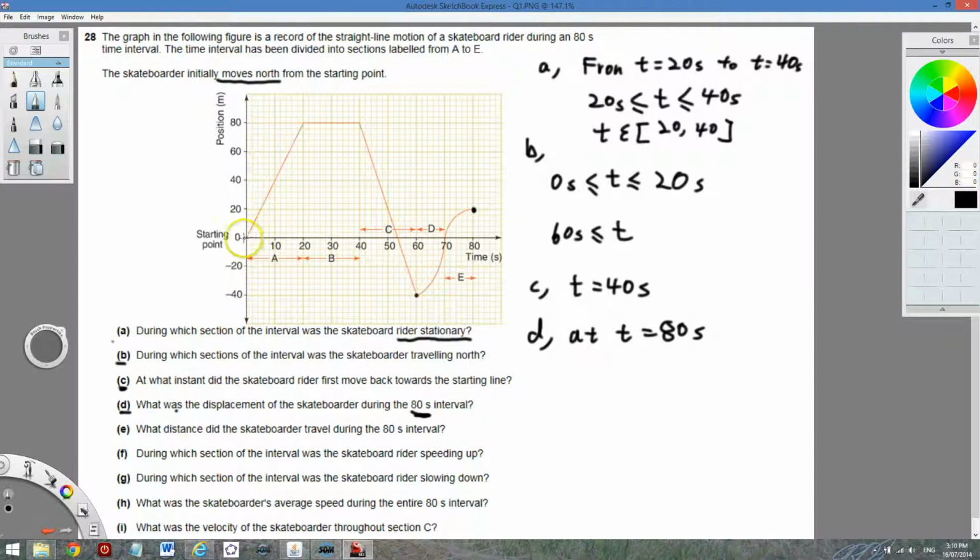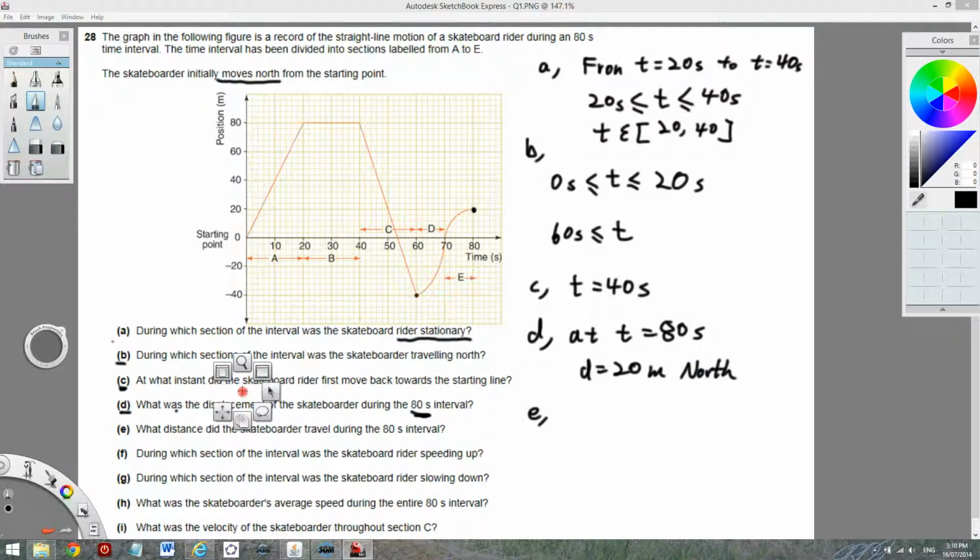It starts from 0 and ends at 20, so its displacement is 20 meters north.